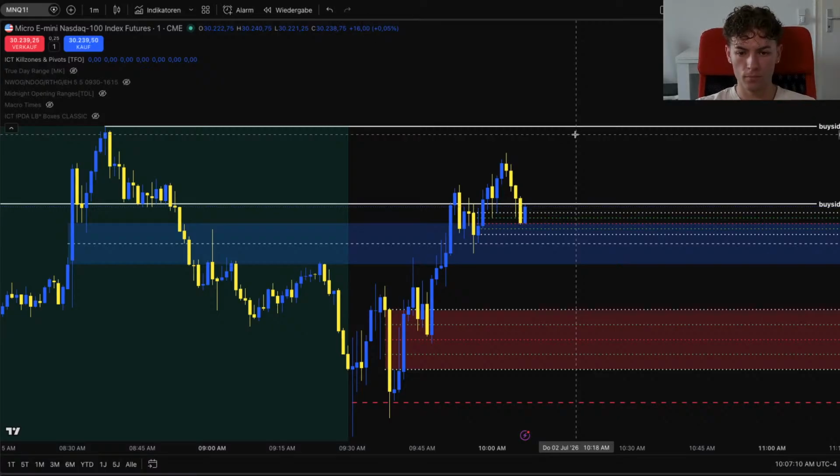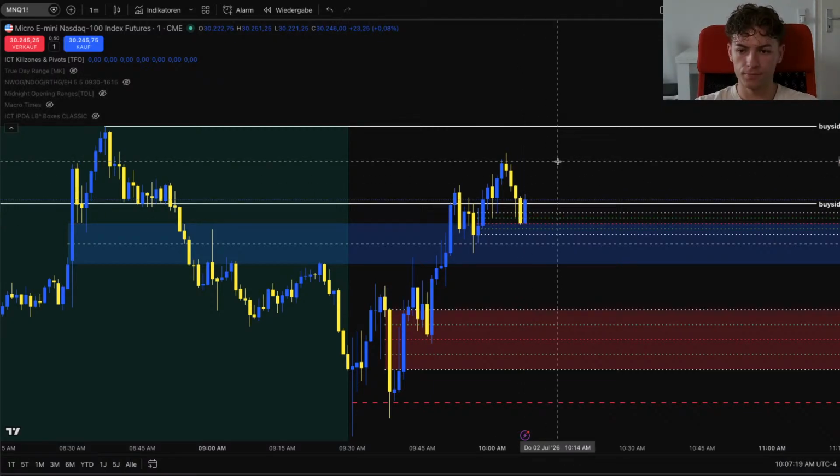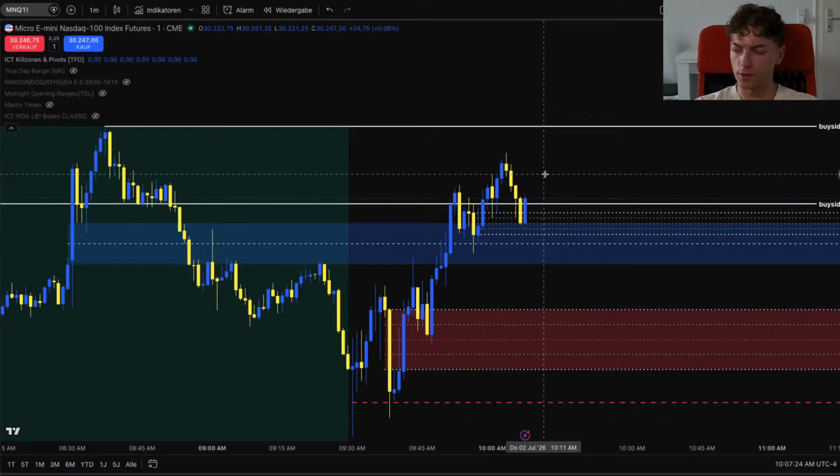Price should respect this order block mean threshold, as you can see here, to resume the continuation higher.